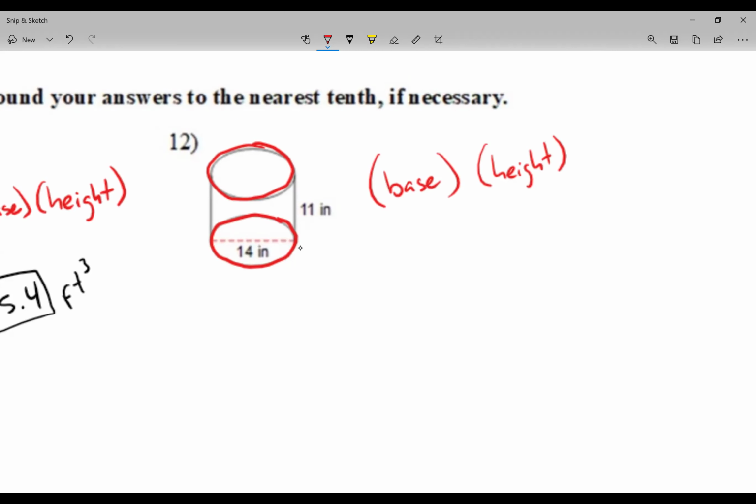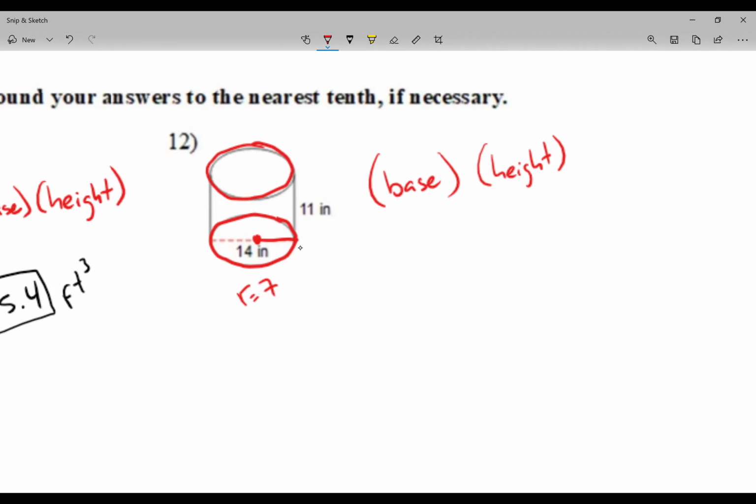So for the area of a circle, I need the radius. So I should go only to half of the circle. I see a 14 here, but the 14 is the diameter because it crosses the whole circle. So I'm going to say the radius is 7 because I only need it up to half of the circle.